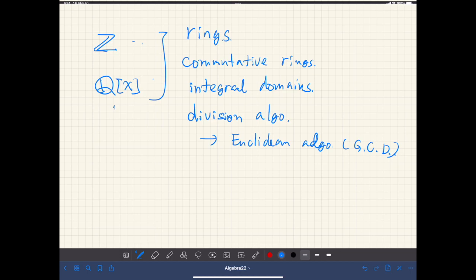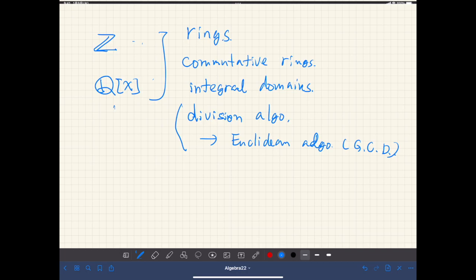So we can be more specific than saying they are just integral domains, but they admit the division algorithm or Euclidean algorithm. So let us abstract these concepts.